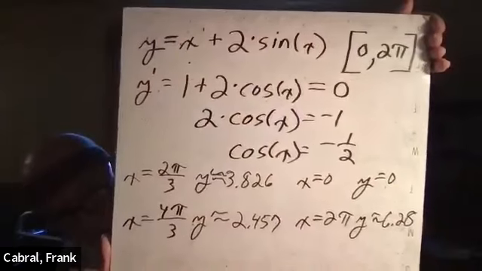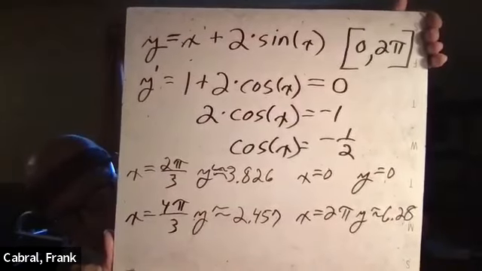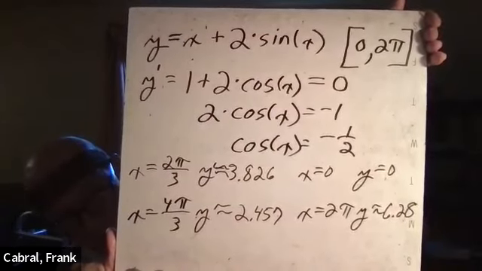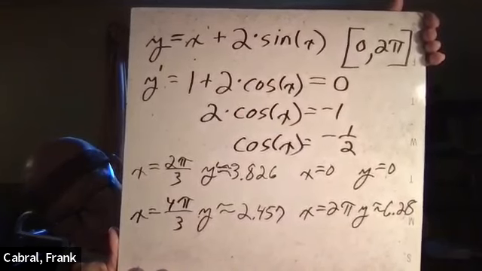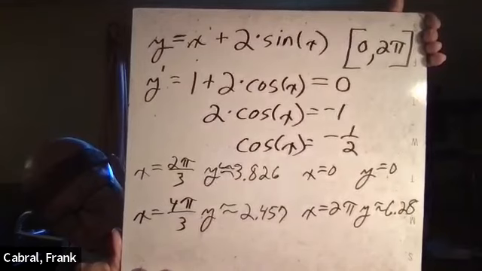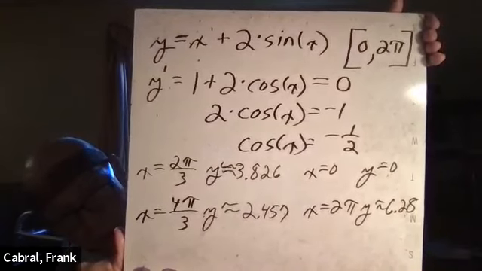All right, so let me show you all these values now. What I'm going to do is use the y values to declare which of these is a relative or local min and max or an absolute min and max. Now, the y equals 0 is certainly the smallest value that I've collected here. So that's an absolute min.